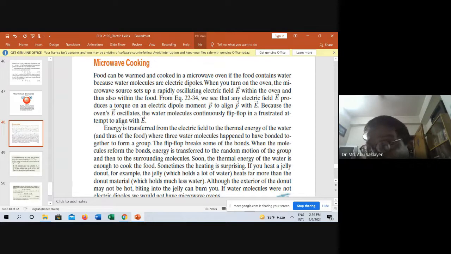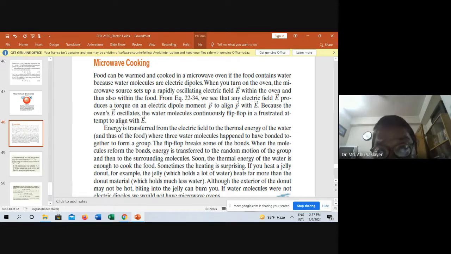When you turn on oven, the microwave source set up a rapidly oscillating electric field. Rapidly oscillating, that means per unit time কত বার এটা oscillate করবে? 50 times, 50 times within the oven and also your food, মানে food that contain hydrogen atom, water molecule.